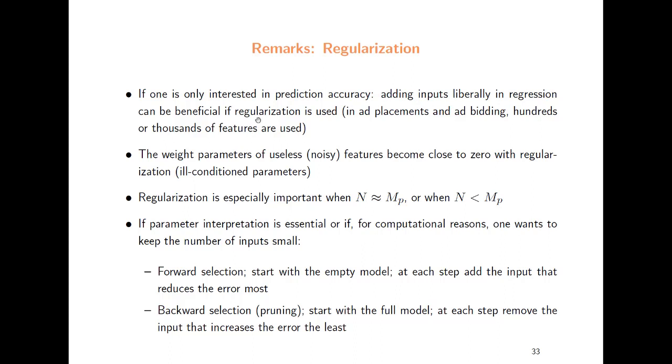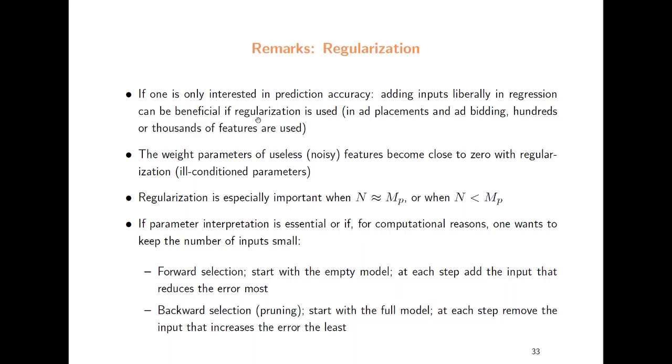So if you are interested in prediction accuracy, but maybe also causality, you might be tempted to add more and more inputs. And it's okay if you use regularization. In advertisement placement and ad bidding, they use hundreds or thousands of features to determine user features or behaviors and so on.